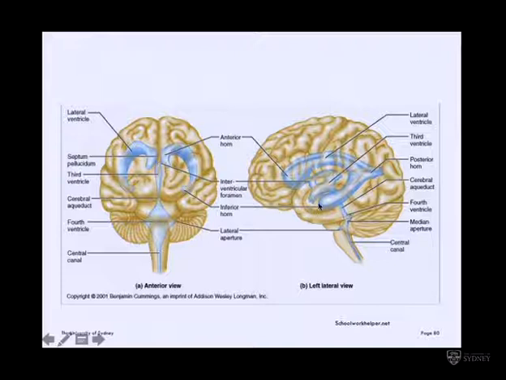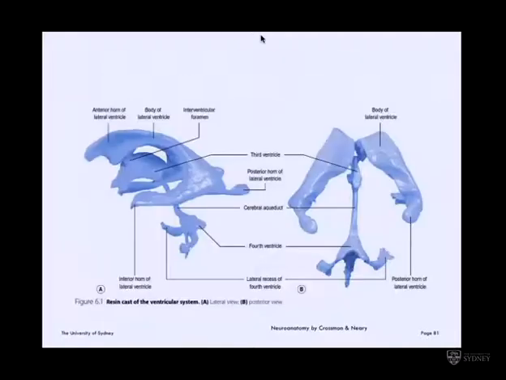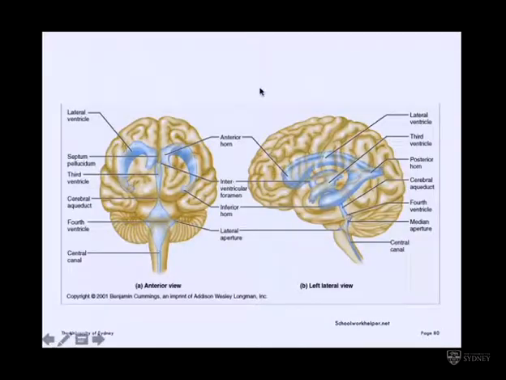But you might not see the inferior horn of the lateral ventricle because it's going down in that direction. If you cut it in this direction here, now you'll see the anterior horn as well as the inferior horn, and you'll also see what's referred to as the third ventricle. Okay? We'll see this shortly in some MRIs.